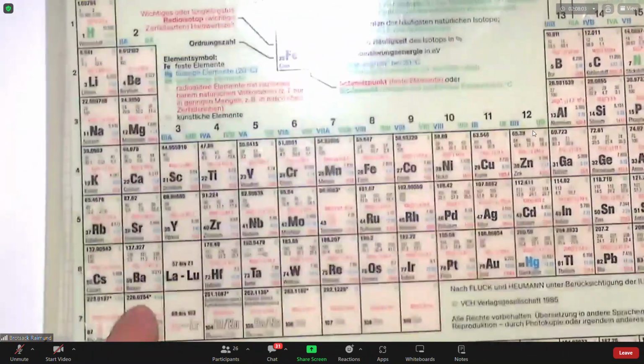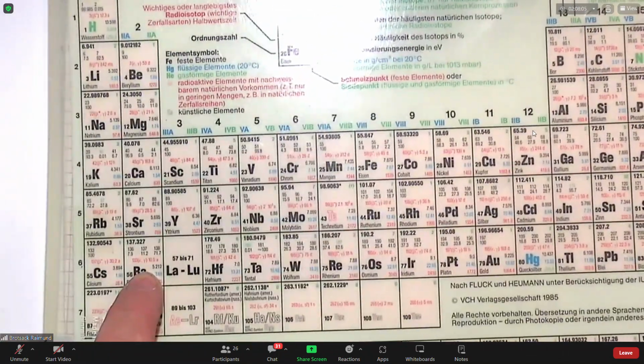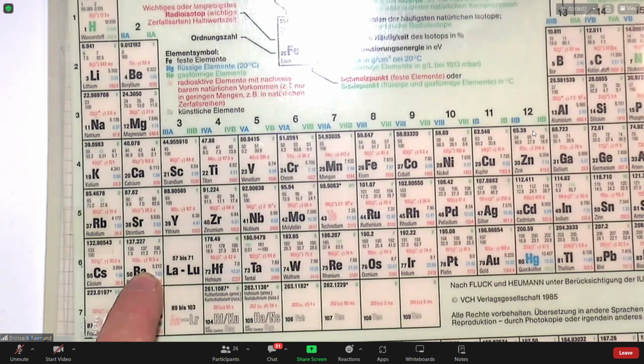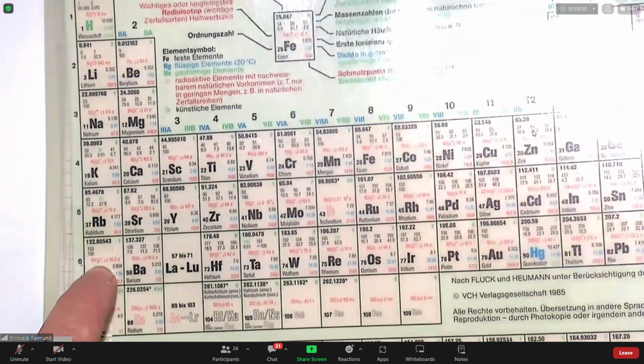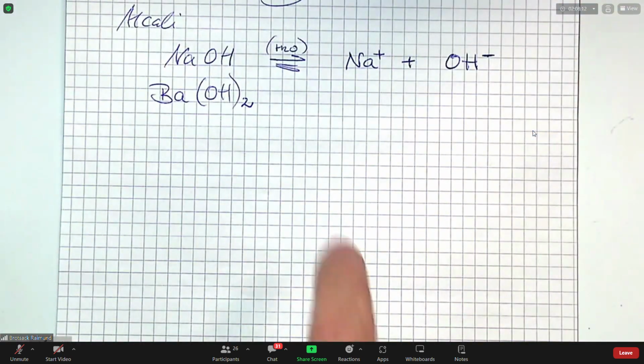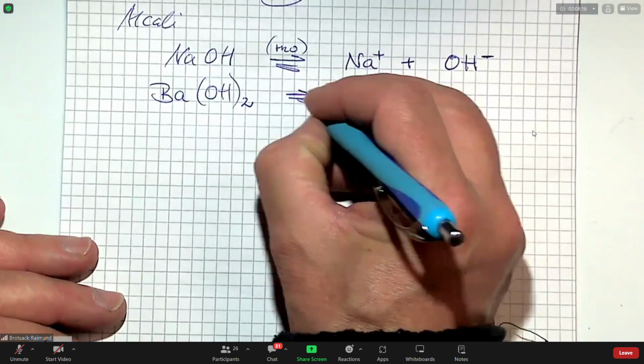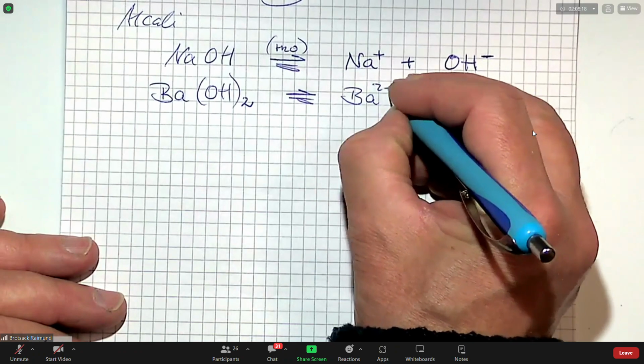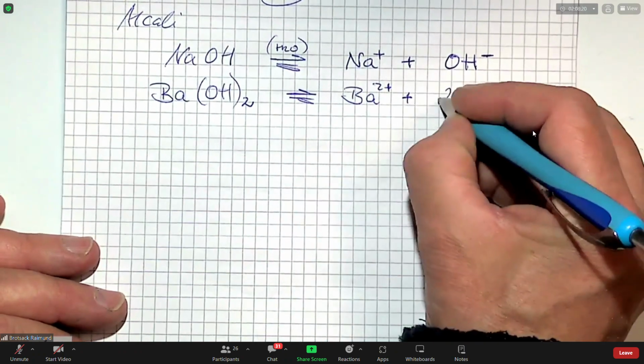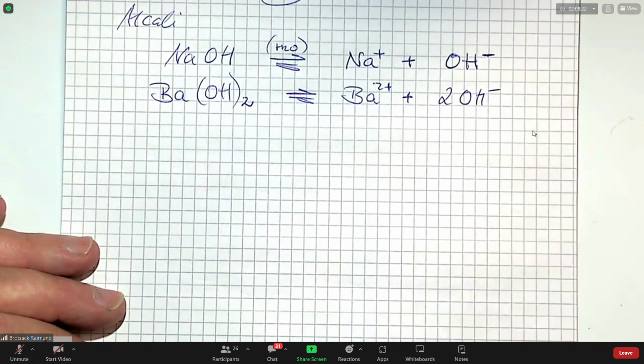The second group has two electrons which can be spent, and therefore we need two negative charges. So we have the barium 2 plus and 2 OH minus.